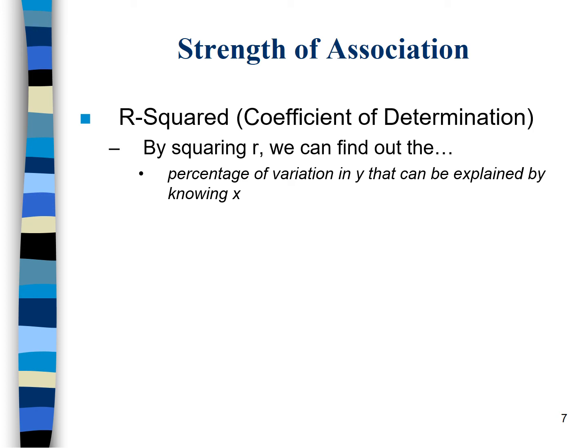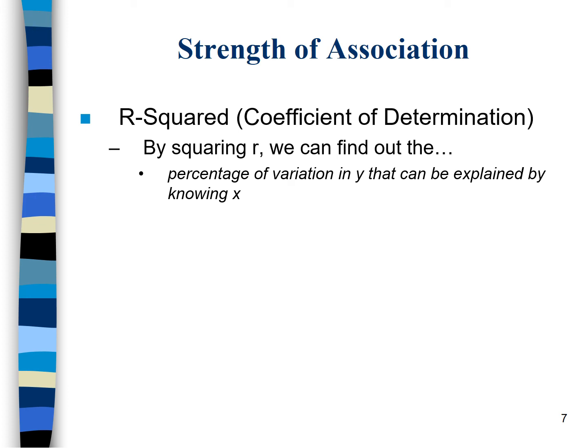Here comes variable X. It may be some other variable that explains why I see variation in variable Y. This R squared allows us to quantify or get an objective number to capture the strength of association.